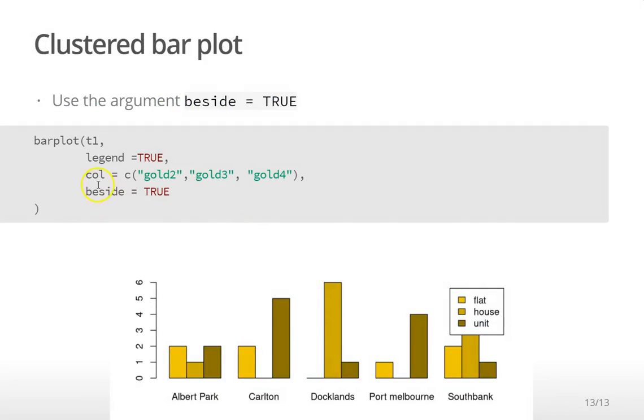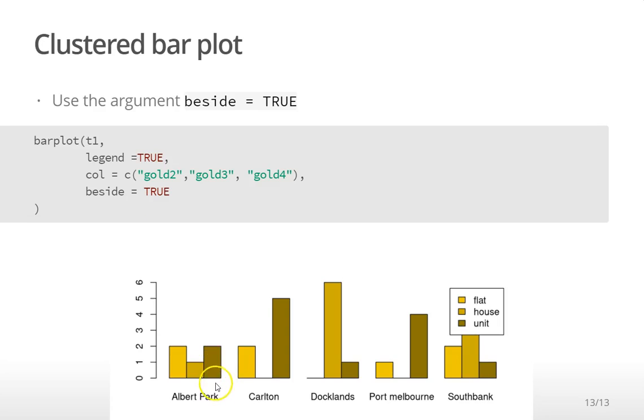The argument is beside equals to true. What is the meaning of beside equal to true? It means put the different columns, different bars next to each other. Don't put them on top of each other.